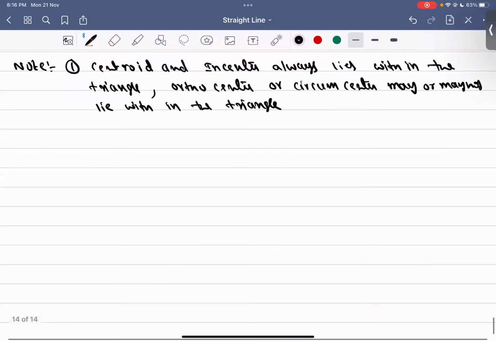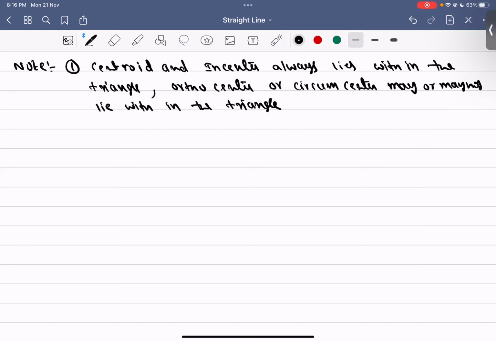So the centroid and incenter always lie within the triangle. That is obvious, we know that one. Next, why may the orthocenter and circumcenter or may not lie within the triangle? In which cases will the orthocenter and circumcenter not lie within the triangle? Suppose you take an obtuse angle triangle.